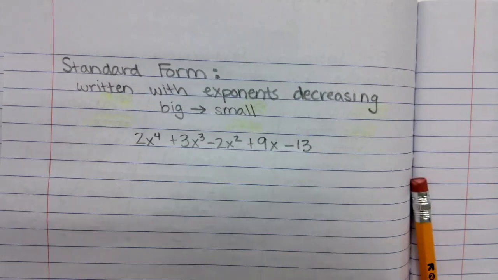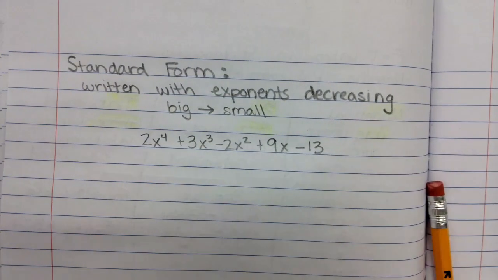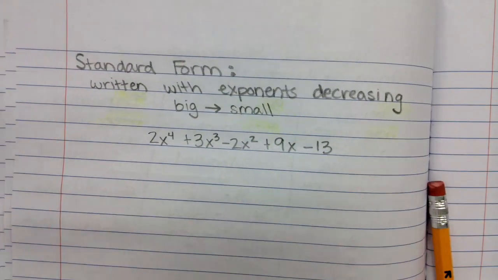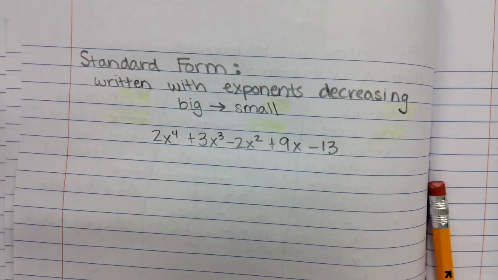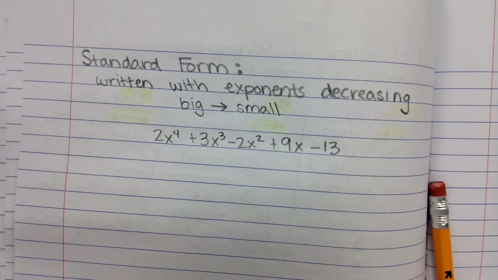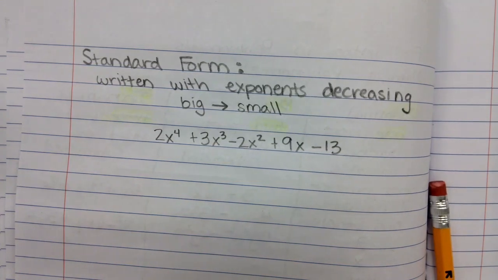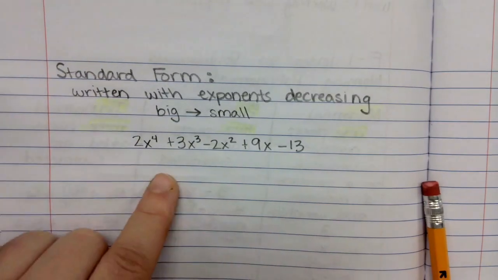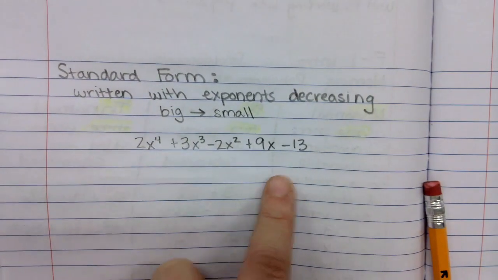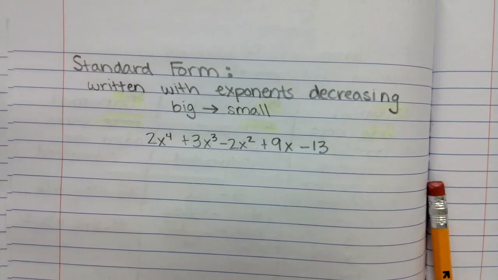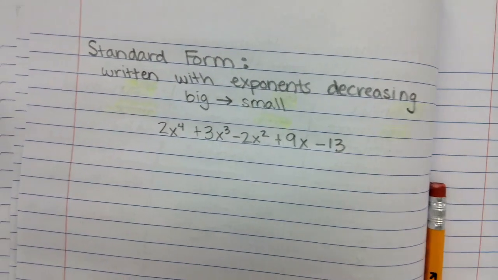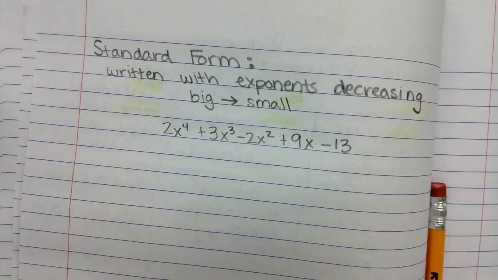Then what? Good, 3x to the second. Is this going to be a plus 3x to the second or a minus 3x to the second? How do you know it's positive? Yeah, when it doesn't have a sign in front of it, we can assume it's positive.